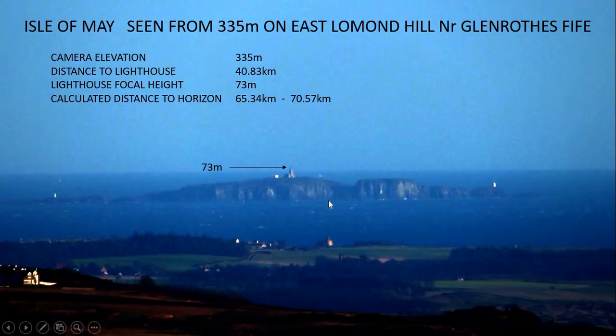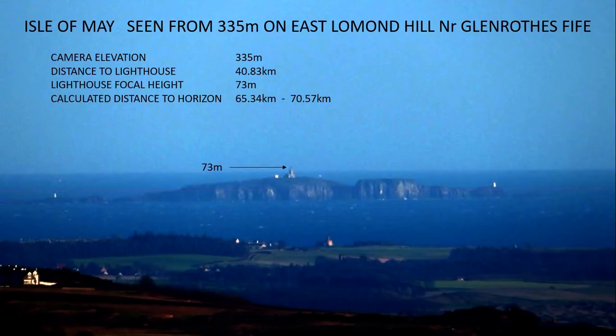I published a similar video to this one, viewing the Isle of May from East Lothian, and showed that on a flat Earth, the lighthouse top, the focal point here, the lamp room, should not be able to appear above the horizon from the elevation that I was viewing it.